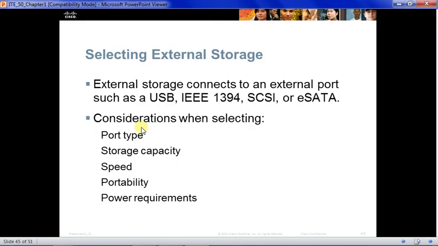When we're looking at external storage, we're looking at whether it is portable, its storage capacity, the speed, power requirements, and the port types. Sometimes, depending on the port type, we might need external power. If it's USB or IEEE 1394 FireWire, then usually we do not need an additional power source.